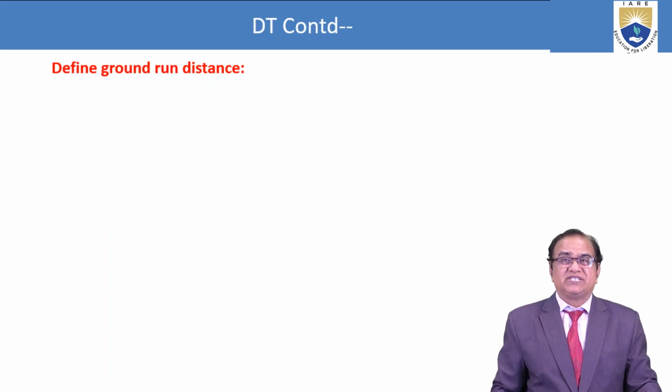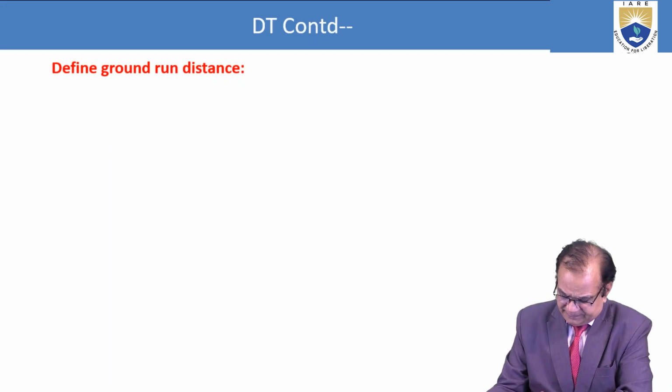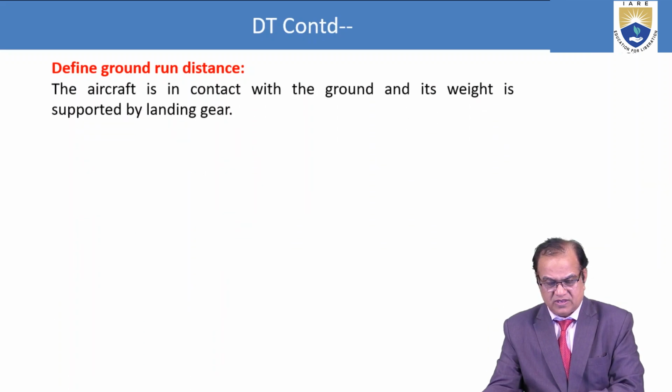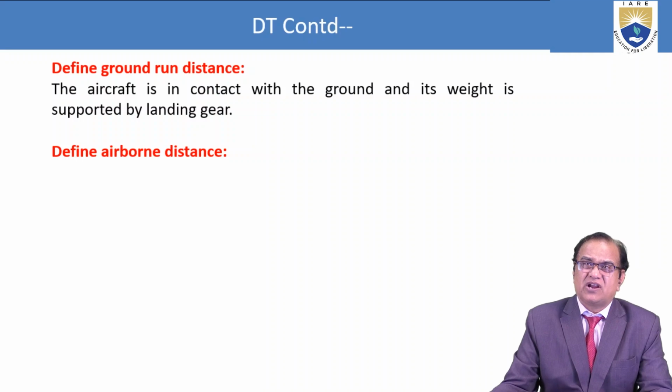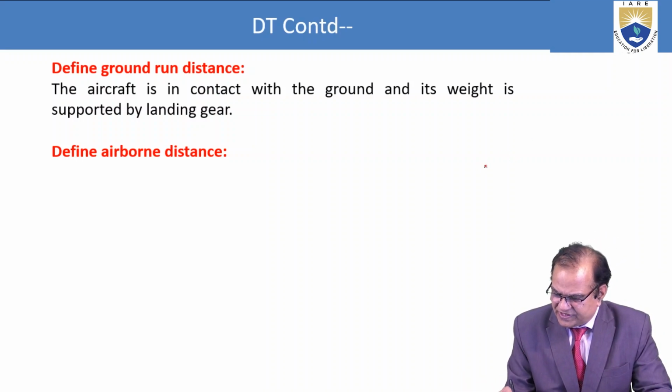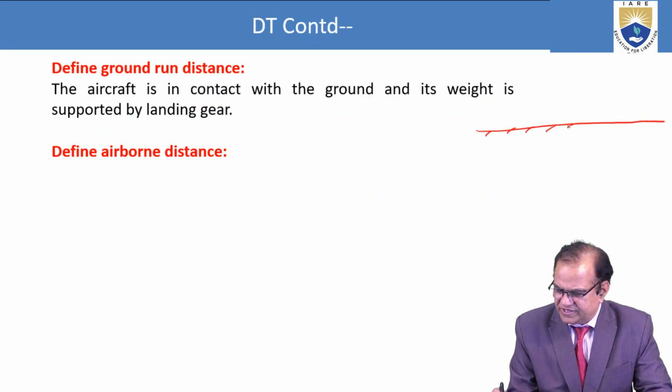Define ground run distance. If you see here, the aircraft is in contact with the ground and its weight is supported by the landing gear. So if this is the runway, on the ground, this is the runway. So your aircraft is here.